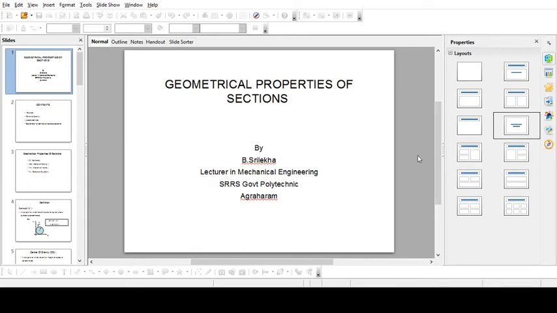Next, 1600 into 40 is 64,000. Now the summation of all this, A1 y1 plus A2 y2. So the centroid y bar is equal to sigma A y by sigma A. The sum of the areas is equal to 3600.